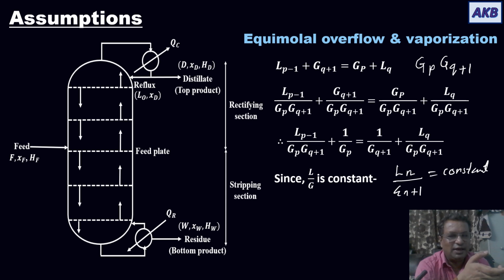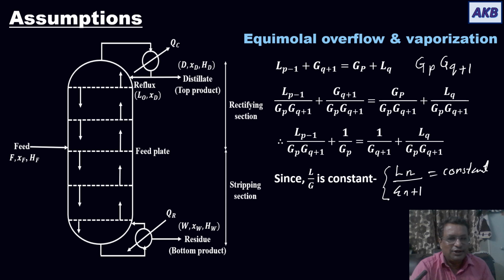So we have liquid flow for P minus 1 tray and vapor flow for P tray, which is equivalent to this. Since this is constant, or this is constant, similarly over here you have LQ, that is liquid flow from Q tray, and vapor flow from Q plus 1 tray. So that is also going to remain constant.